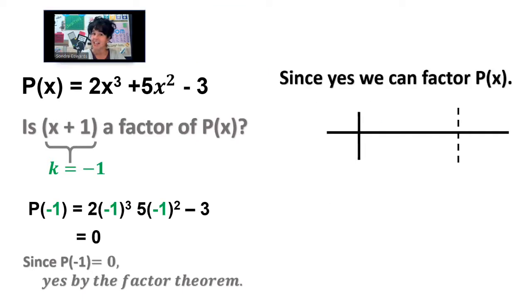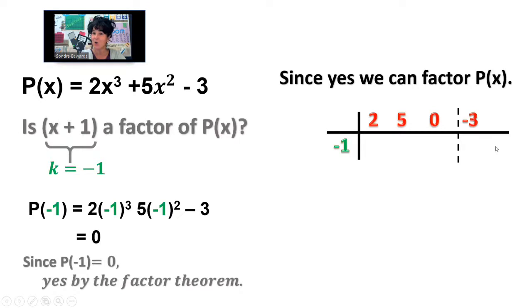To divide, we're going to set up the synthetic division. I have -1, which is that k value. I'm going to put the coefficients running across the top. Make sure, because we're missing an x term, that we have a placeholder there of 0 x's when we run those numbers across there. Okay, I have my dashed line to indicate the remainder.